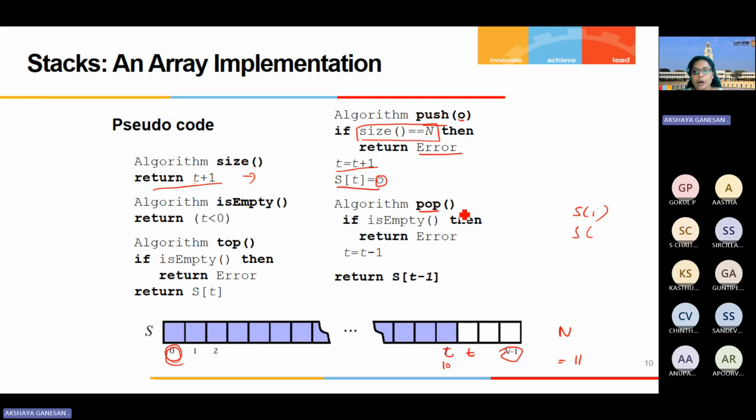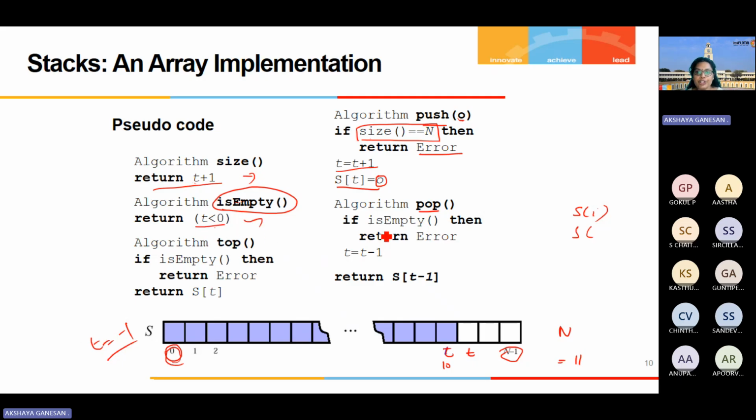Now the algorithm pop. First of all, for you to pop out an element, what is mandatory? There should be some element in the stack. If the stack is empty, we cannot pop out anything. That is why the isEmpty function is used. Whenever the stack is empty, t will be -1, so if t is less than 0, it is true.